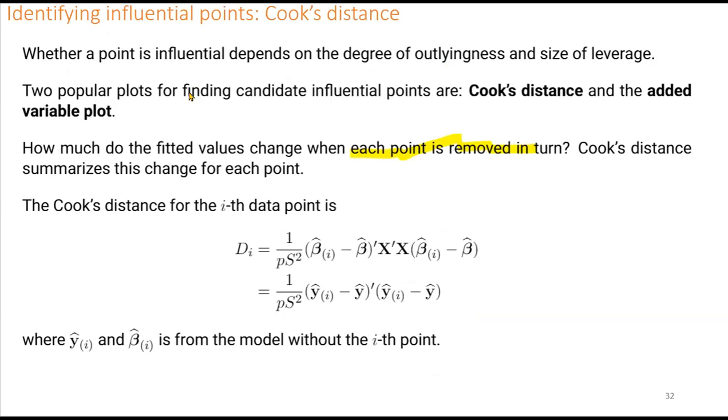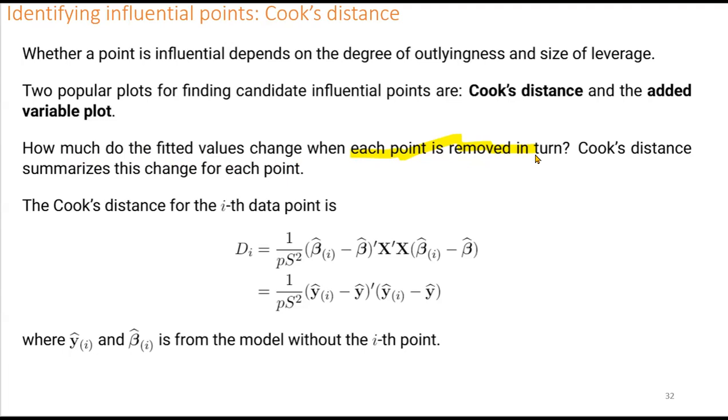Now, two popular plots for finding candidate influential points are Cook's distance and the added variable plot. Both are plots, but they're interpreted in slightly different ways because of how they're constructed. Cook's distance asks the question: how much do the fitted values, the y-hats, change when individual data points are removed in turn?